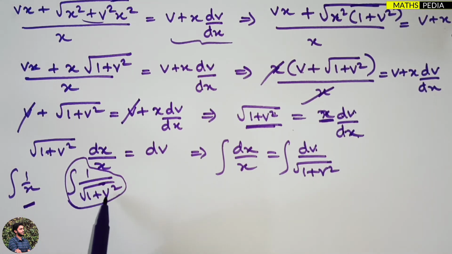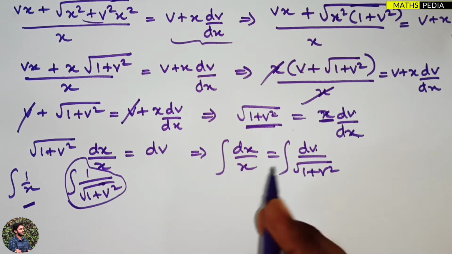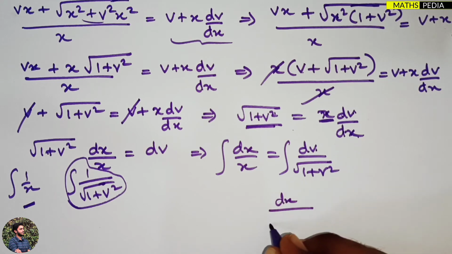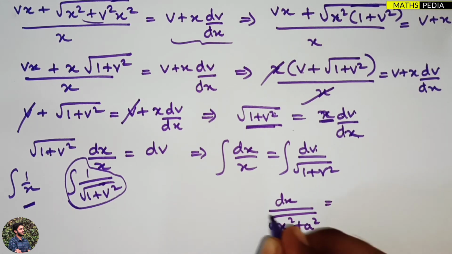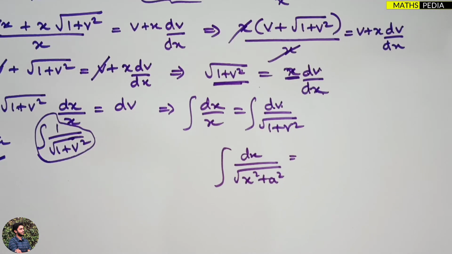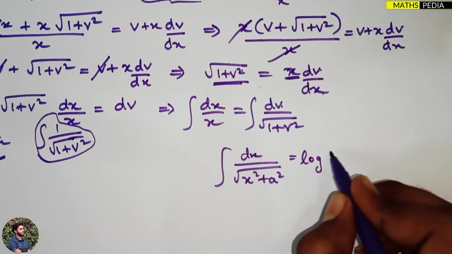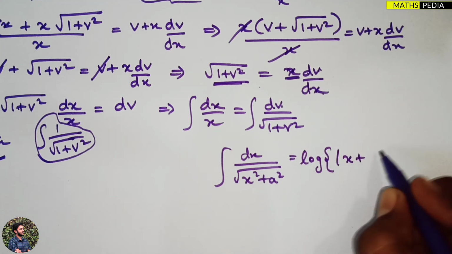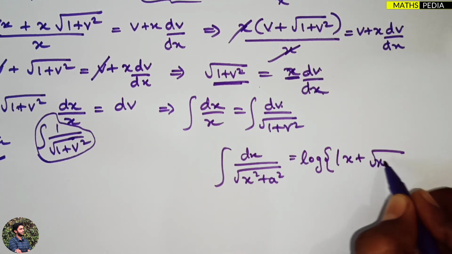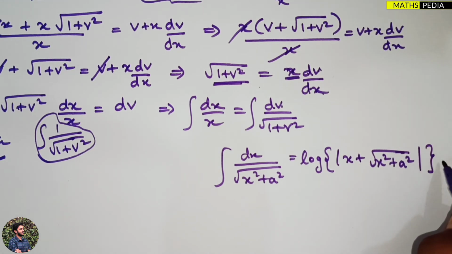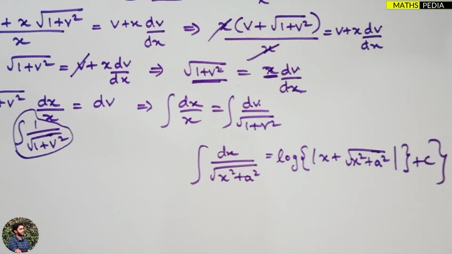For 1 by under root of 1 plus v square, we have one formula that you should remember: the integration of dx by under root of x square plus a square. You should remember all these formulas. So it is equal to log of mod of x plus under root of x square plus a square, plus c. So this is the formula.